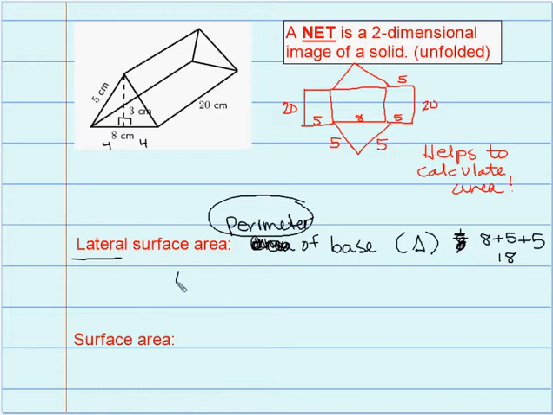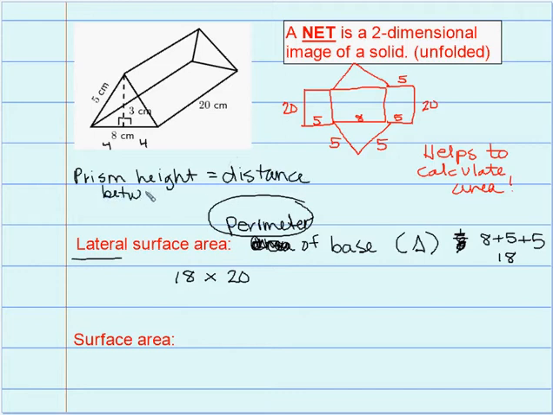Now I take that perimeter times the height. And remember, in a prism, the height is the distance between the two bases.